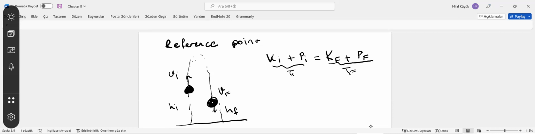But I want to show something. Of course, you can use this one, mg, maybe I need to write that part: K initial plus mgh initial equals K final plus mgh final. You can calculate hi and hf plus something.